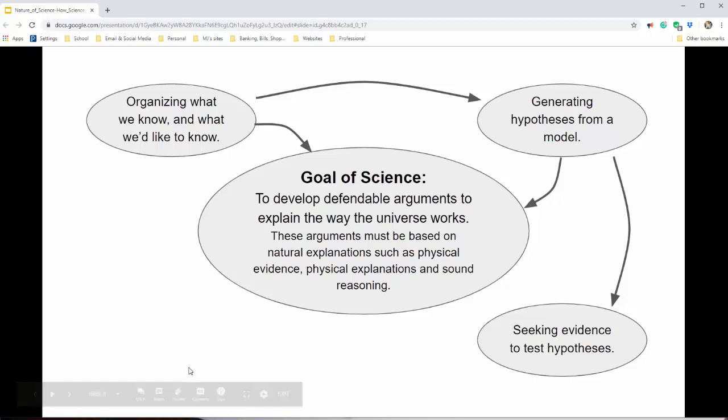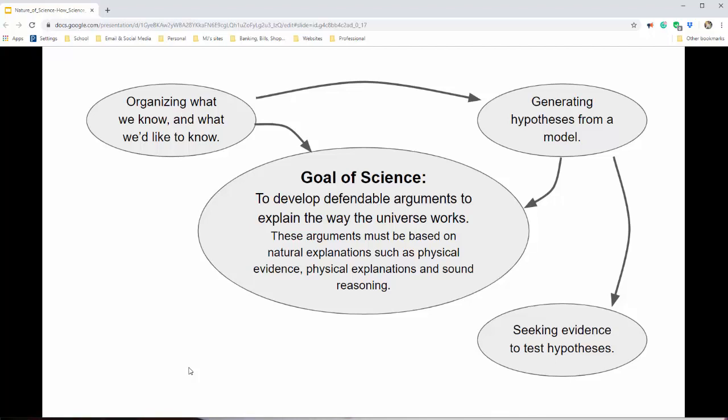But now, gathering information doesn't show the model to be true. It only shows the hypothesis to be true. This is a difficult thing for a lot of people to understand, not just high school students, people. Okay? The model goes to what's causing it to happen. The hypothesis is only going to what is happening. Okay?